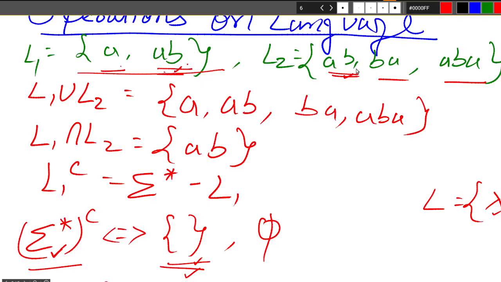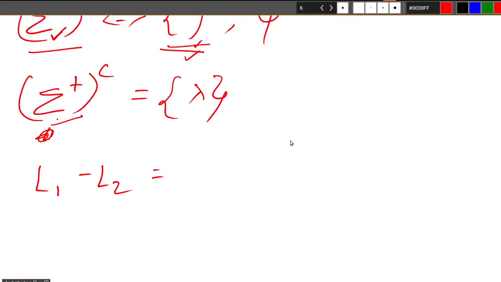AB, since it is common, will be removed from L1 and you will be left with A only. So the difference of L1 minus L2 is a language accepting only one string, which is A.